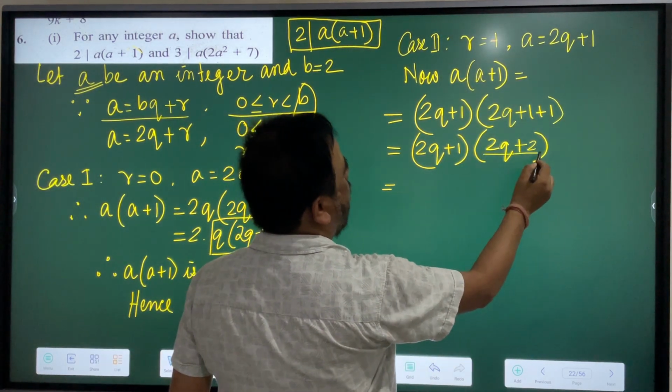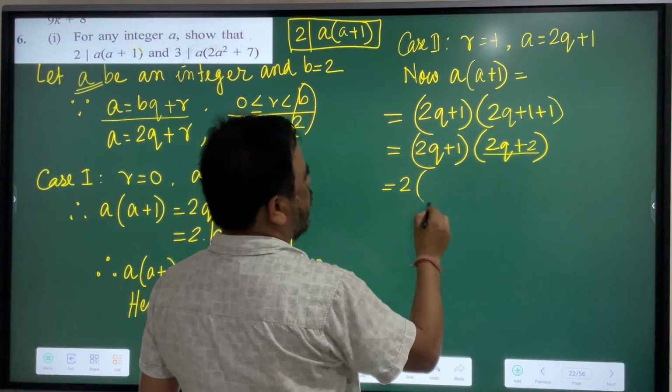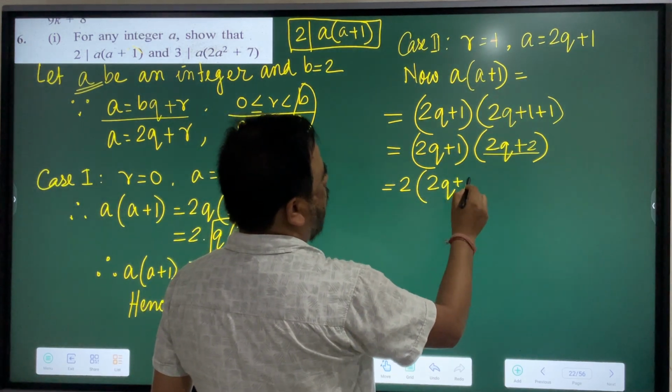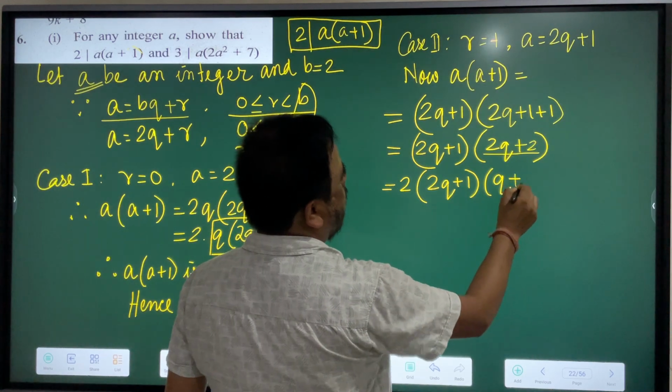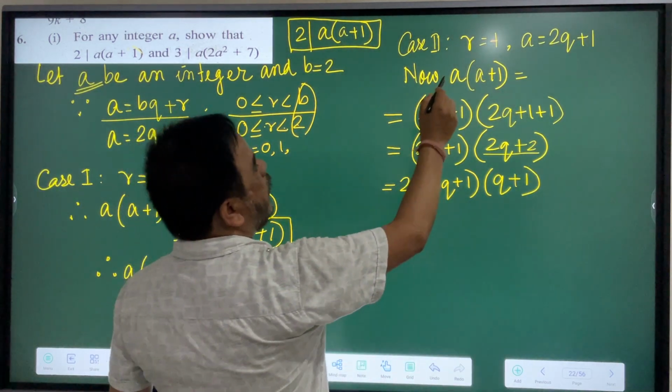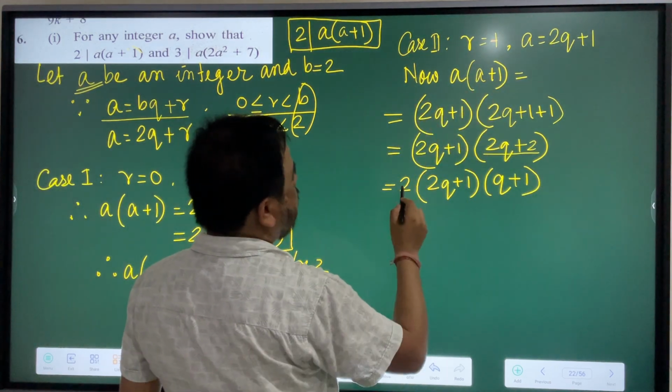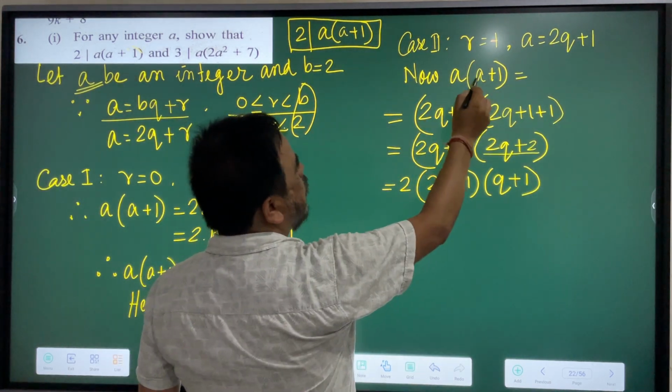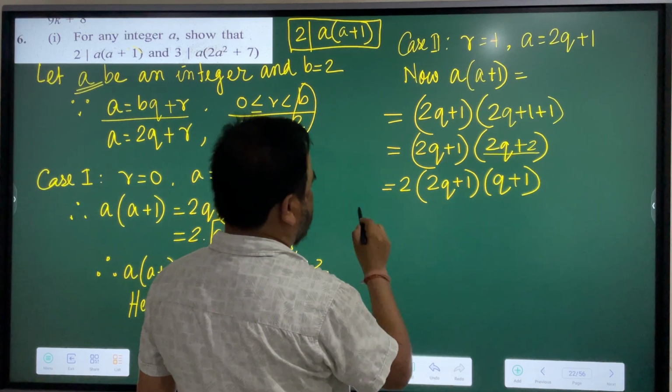From 2q plus 2, 2 can be taken common: 2q plus 1 into q plus 1. So here also a into a plus 1 is divisible by 2, because a into a plus 1 is equal to 2 into something.